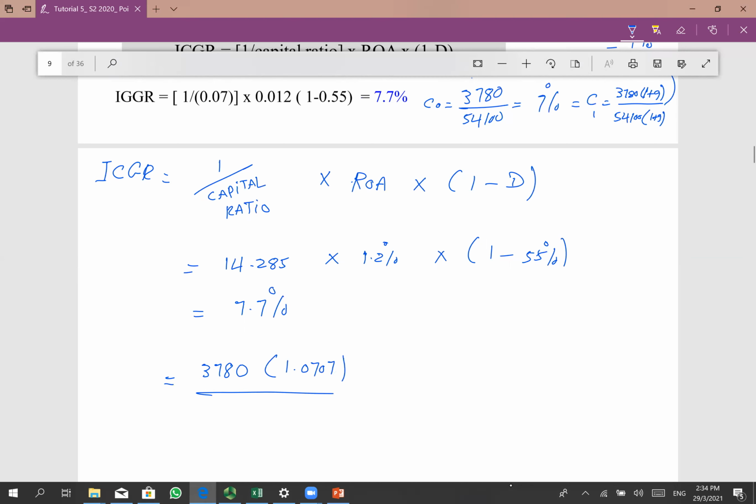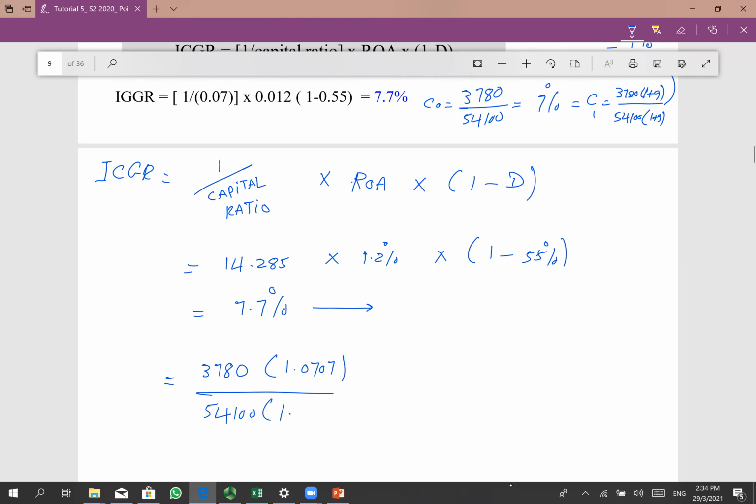This is the capital now, this is the growth, right? And so if your capital has increased by this number, you are allowed to increase your asset maximum of 7.7%.